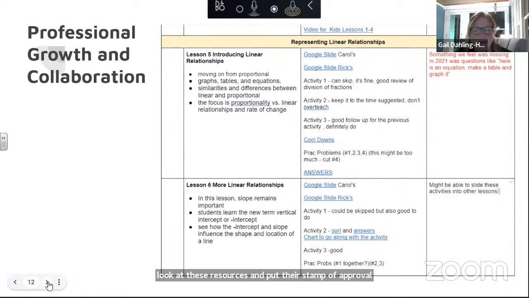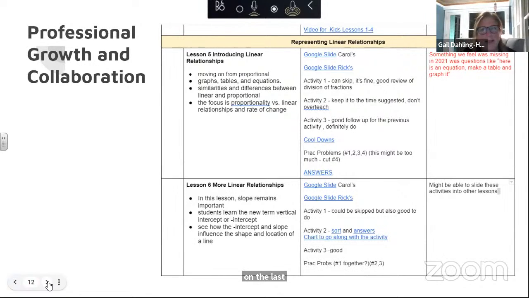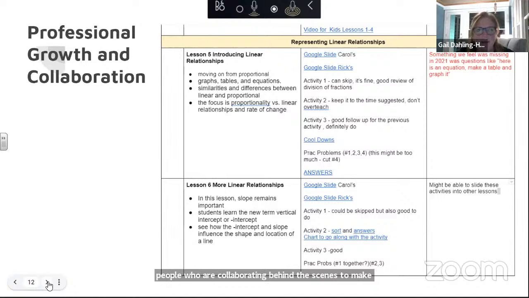I have to say how exciting that is, that there is a real consistent vision for mathematics and a real higher level application that's going all the way through the system. And that takes a lot of collaboration from the people who are in front of you. They are the leaders of that work, and they are the people who are collaborating behind the scenes to make sure that we have this kind of vertical thinking.